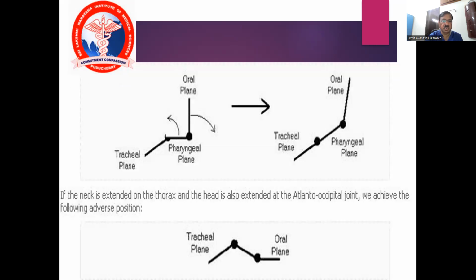If the neck is extended on the thorax and the head is also extended at the atlanto-occipital joint, we achieve the adverse position like this.